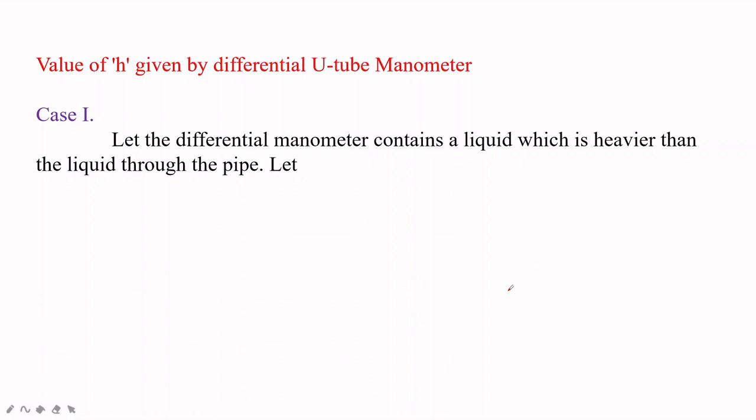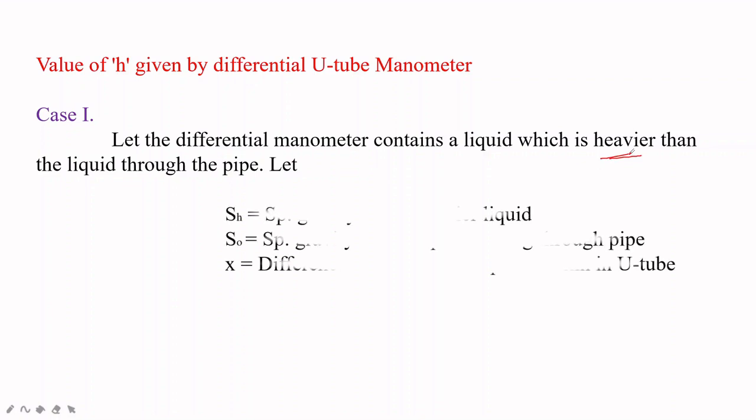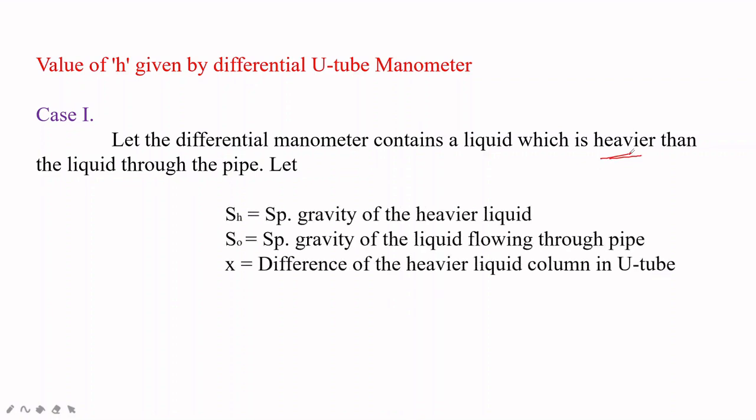Let SH be the specific gravity of the heavier liquid, S0 the specific gravity of the liquid flowing through the pipe, and X the difference of heavier liquid column in the U-tube manometer.